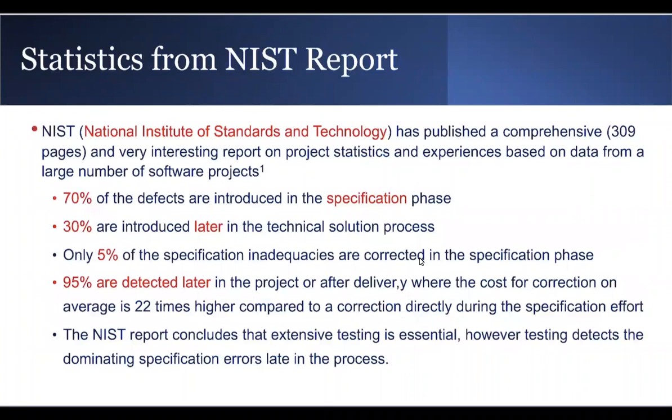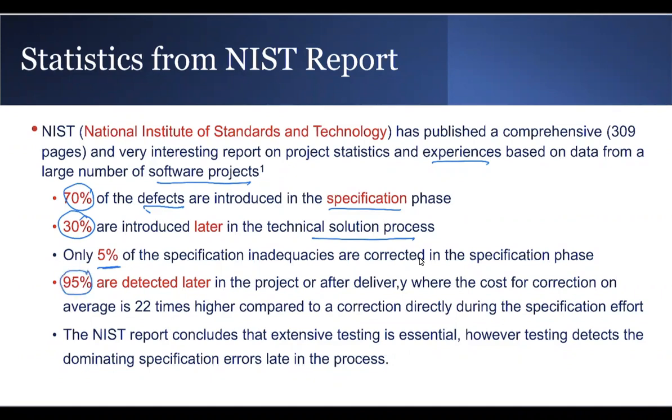Let's look at some statistics provided by the National Institute of Standards and Technology. They have published a comprehensive report of 309 pages that is actually very interesting, on project statistics and experience based on data collected from a large number of software projects. What we can see here is that 70% of defects are actually in the specification phase. 30% of the defects are introduced later in the technical solution process. Only 5% of the specification inadequacies are corrected early, which makes it really hard because that's a very small number.